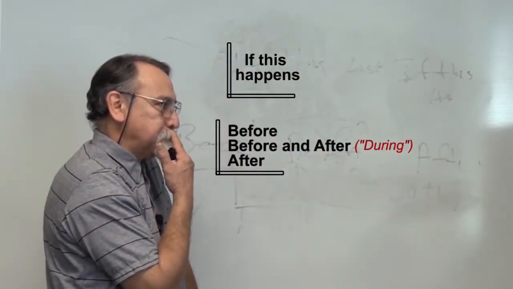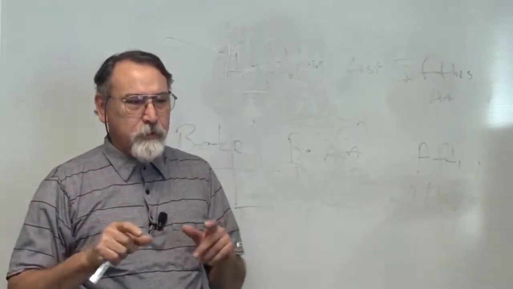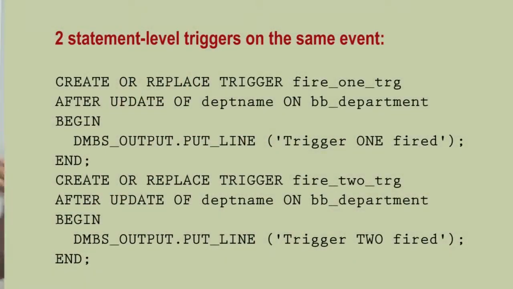Also, remember that when you do table modification, you can actually do a whole record, or you can do one column or one field in this record. So as you're doing this, you have to tell it whether the action is going to be at a row event or at a statement event.